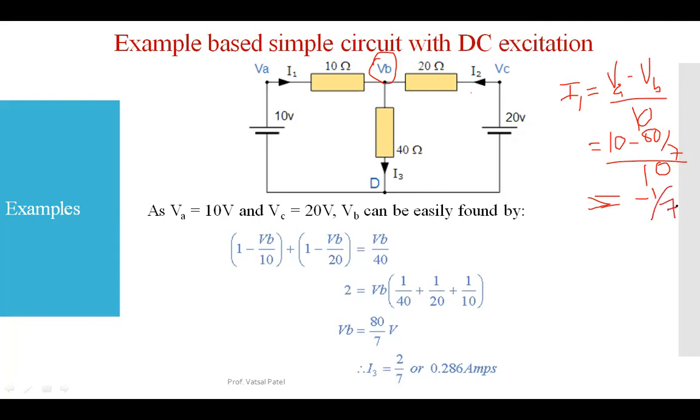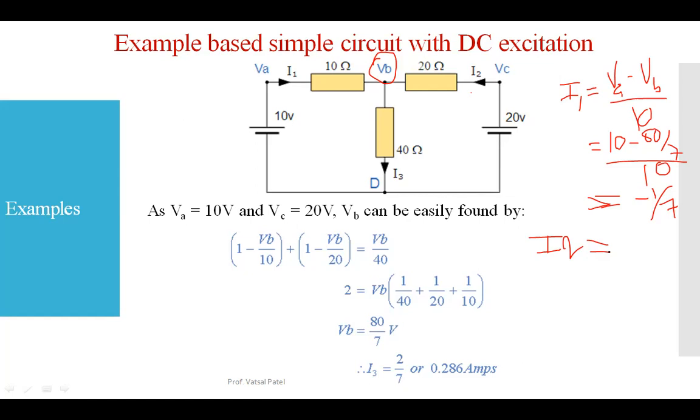So can you identify the I2 now? Can you identify the I2 component? See, you have two equations: I1 plus I2 is equal to I3, and the second equation that you can use, I2 is equal to VC minus VB divided by 20.